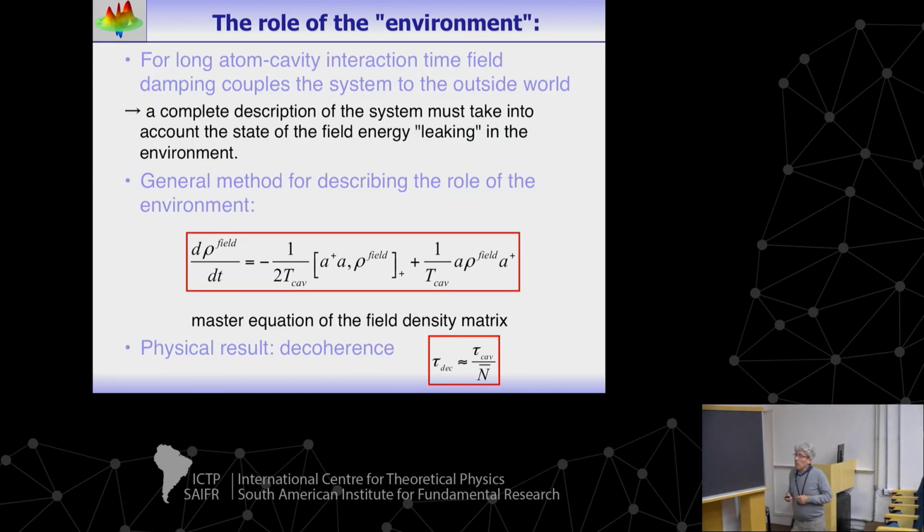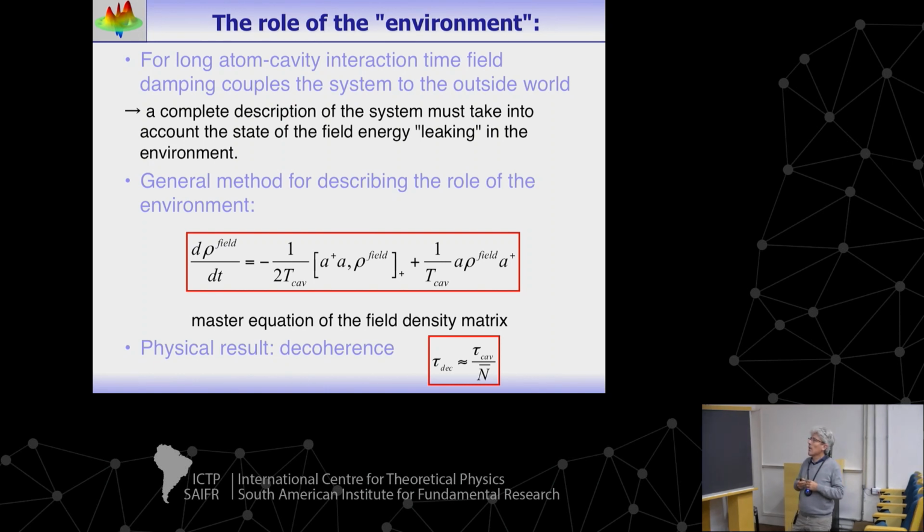So what about coupling to the environment? I will not develop formally a full lecture about dissipation in the field. We have to use the density operator formalism in order to describe the field state, or more generally the entangled atom-field state.